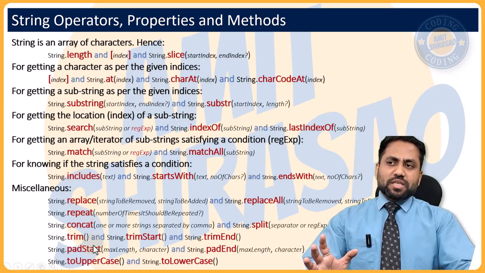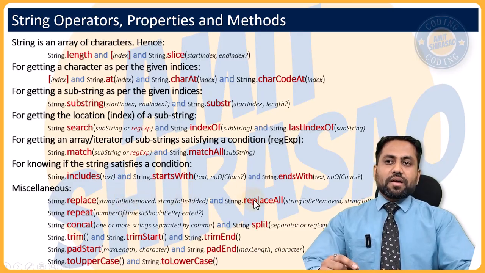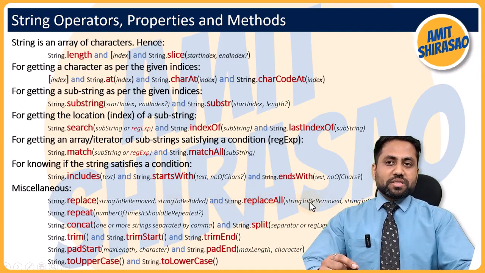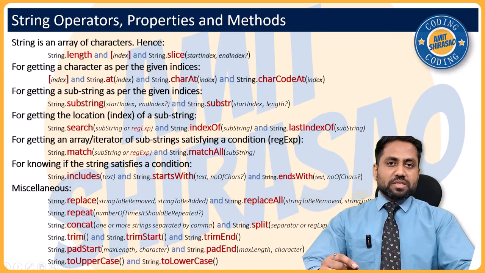And then there are some miscellaneous string methods. Replace will replace the first substring by the next substring, but only the first instance. ReplaceAll will replace all the instances of the first substring with the second substring.